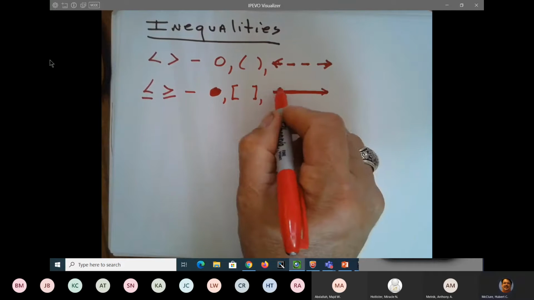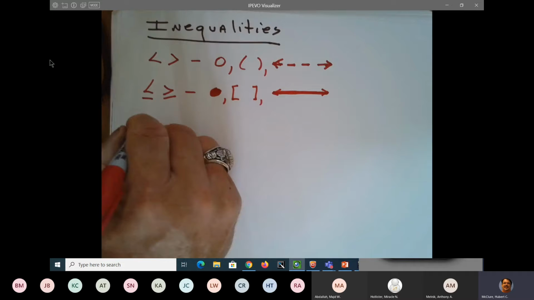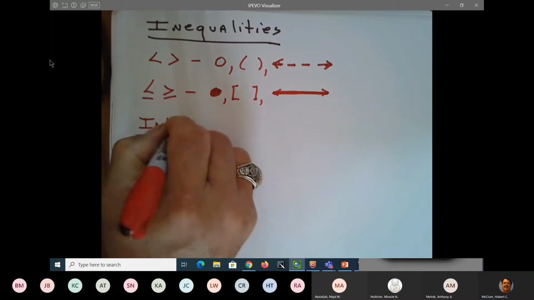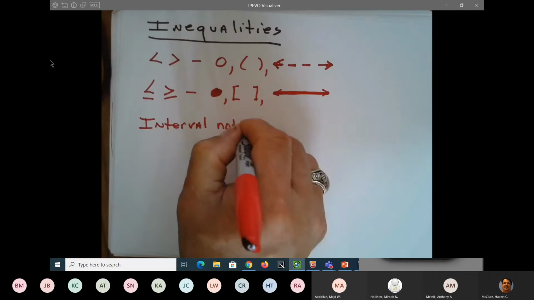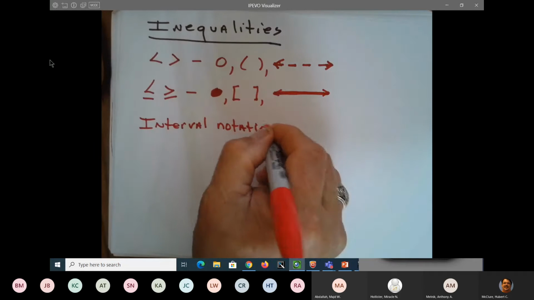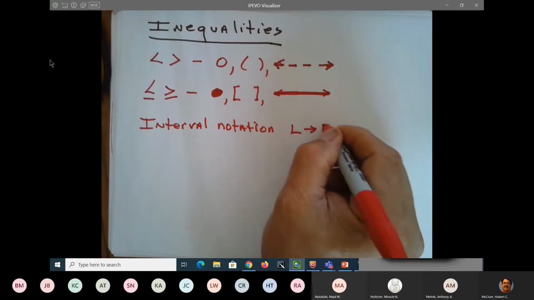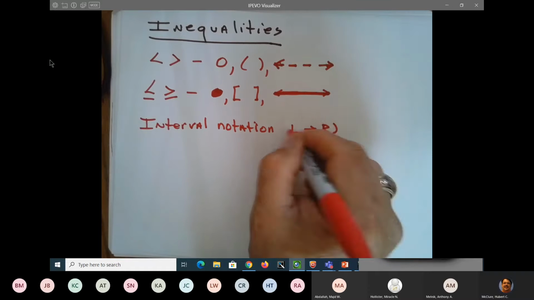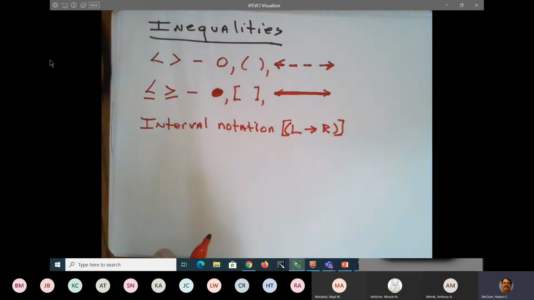for the graph. You also got to remember that there's called interval notation. Which reads from left to right with parentheses or brackets, depending on what type you have.